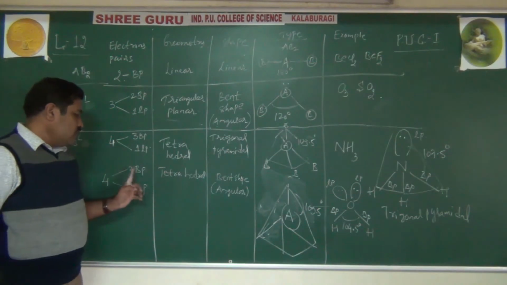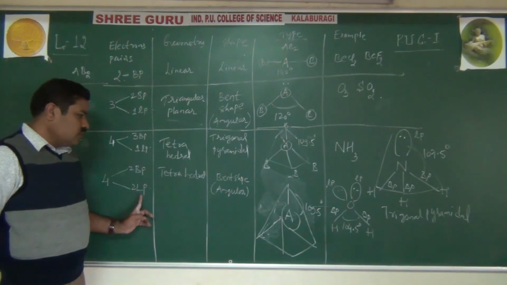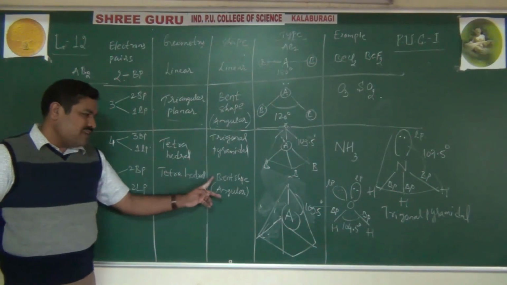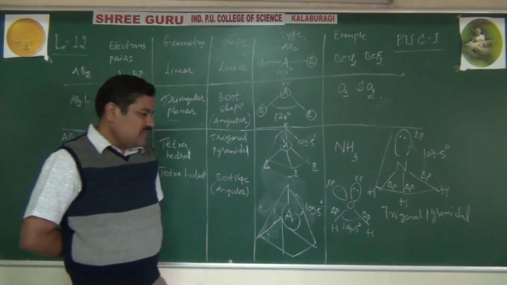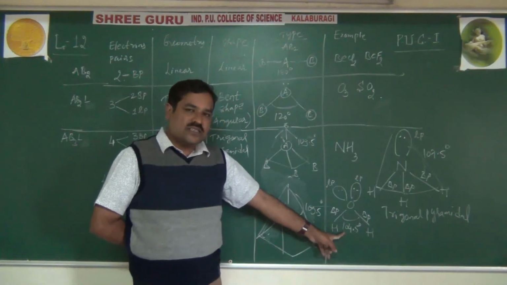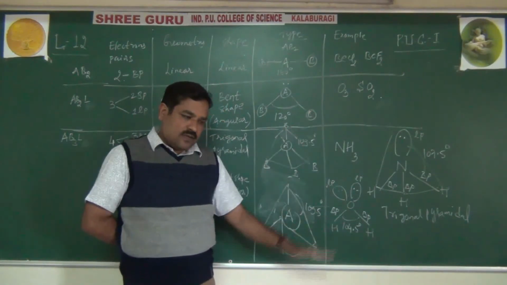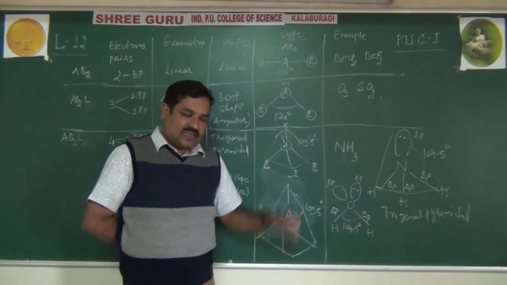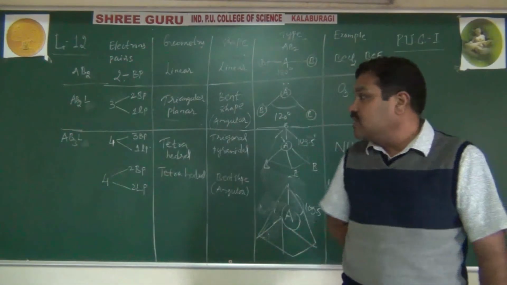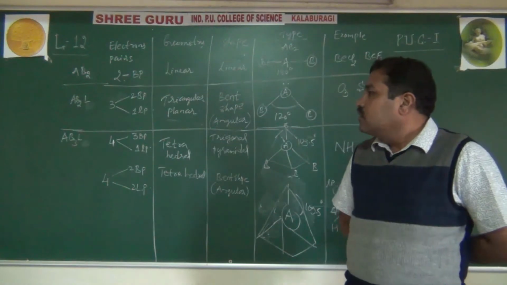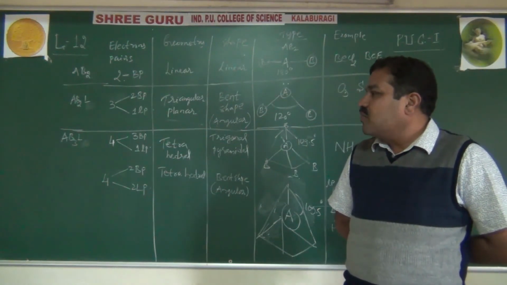If there are 2 bond pairs and 2 lone pairs, the lone pairs increase, giving a bent, V or angular shape, and the bond angle decreases again by about 2 degrees. As the number of lone pairs increases, the bond angle decreases, due to repulsion. That's about the first 3 possibilities.